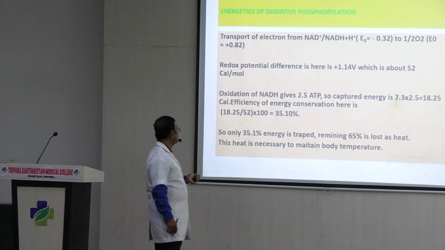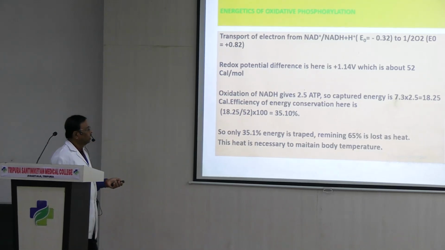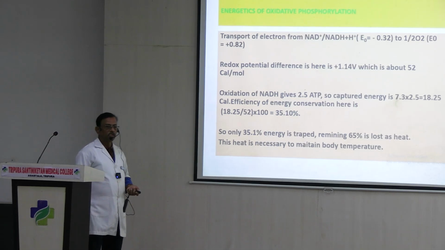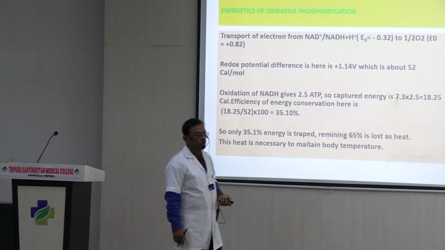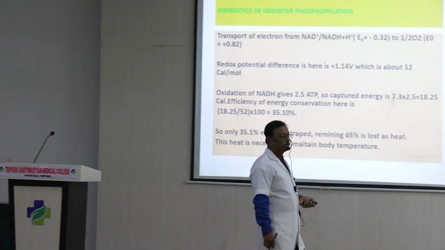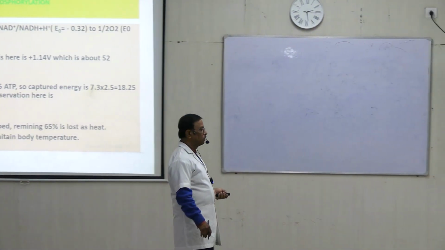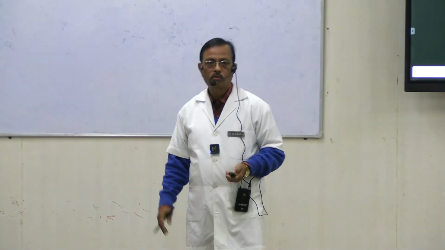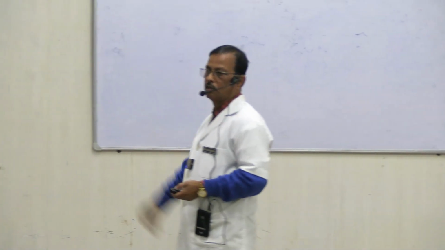Out of 52 kilocalories, we can conserve only 18.25. The rest of the energy is dissipated as heat. But this process is not a wasteful process, because we need this heat for maintenance of body temperature, and also for the electron transport chain reaction to go on.